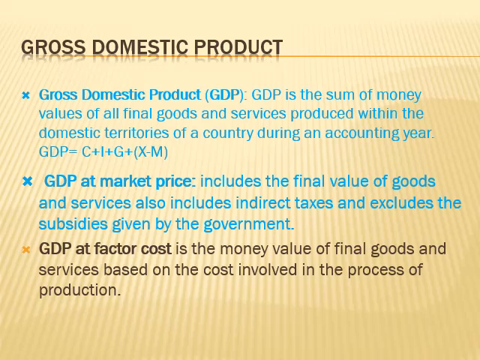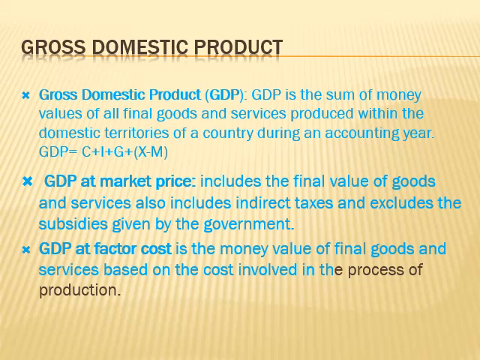GDP at factor cost is the money value of final goods and services based on the cost involved in the process of production. So it explains the GDP through the cost of production. This is the main difference between GDP at market price and GDP at factor cost.